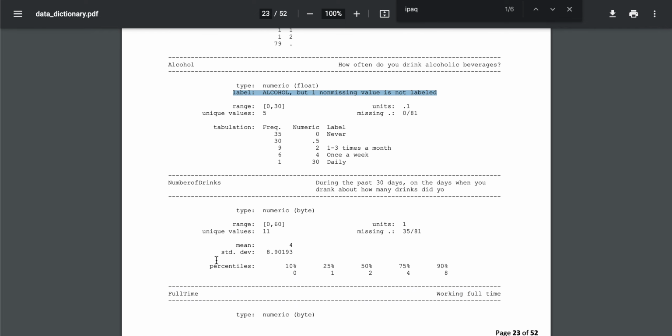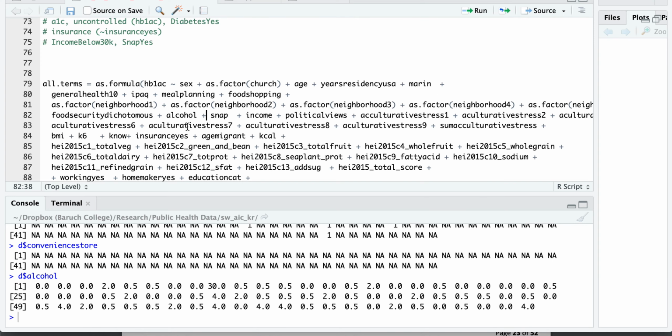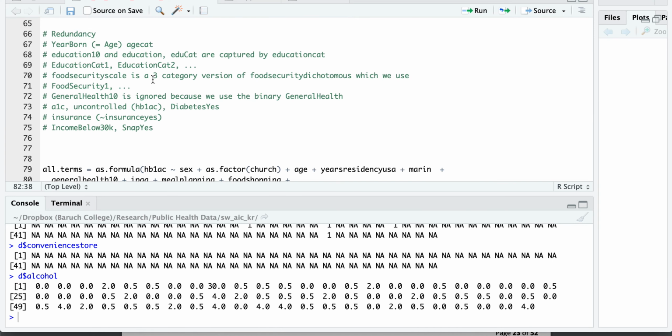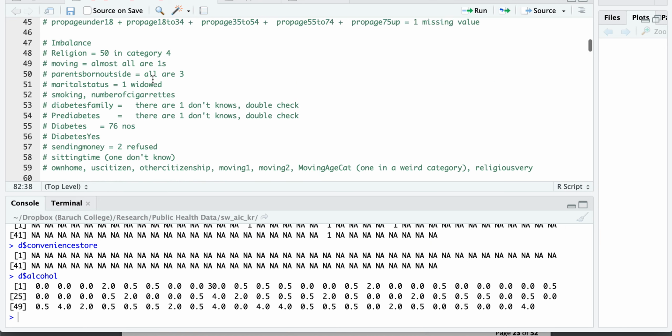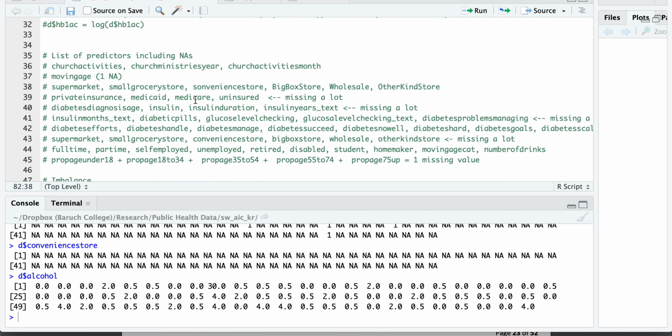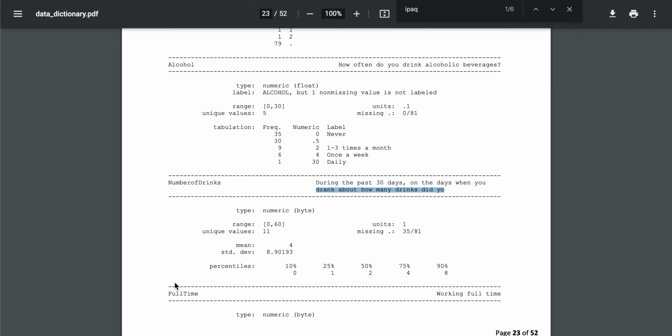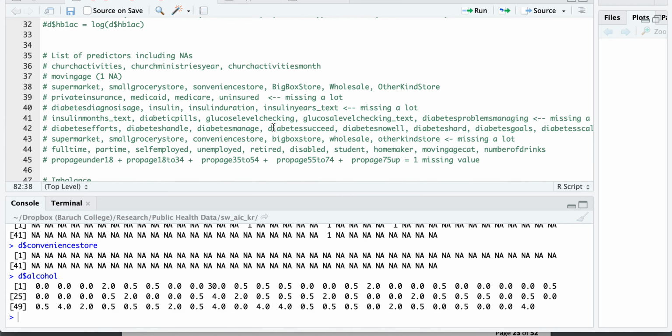Number of drinks. Missing 35, so number of drinks is not here on the list. Just add it.